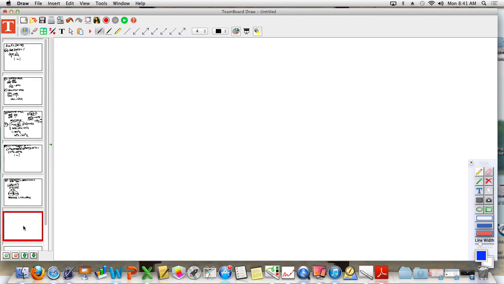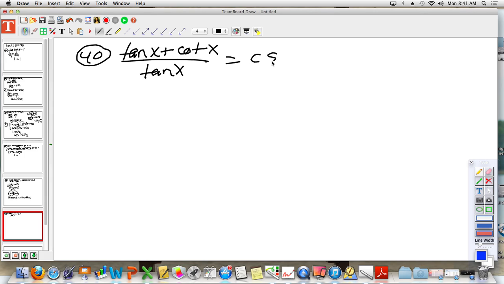One more, number 40. We've got the tangent of x plus the cotangent of x divided by the tangent of x, and we have to try to make this look like the cosecant squared of x.